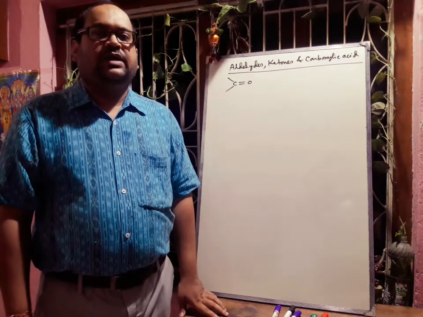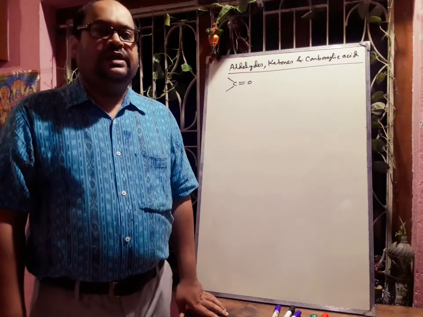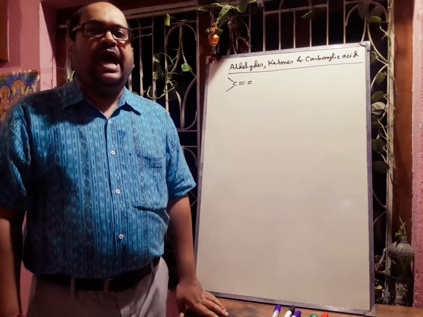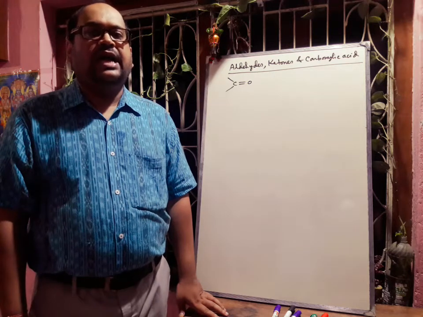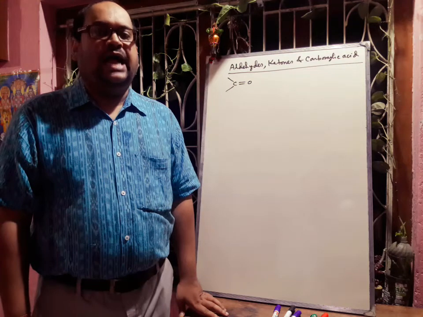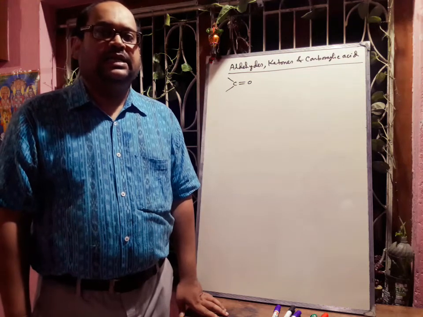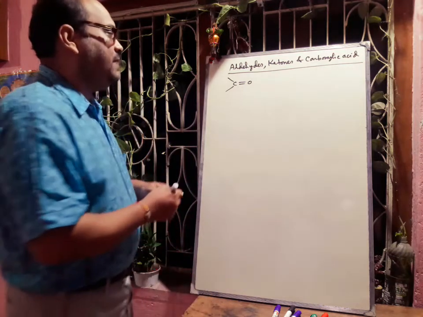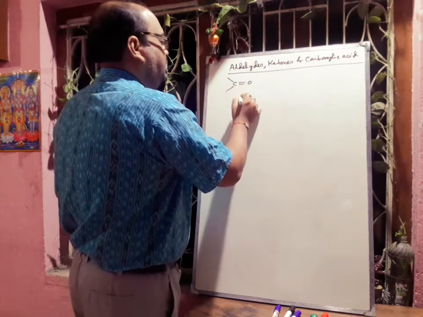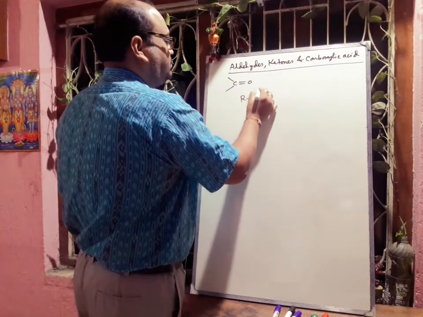The classes of organic compounds containing this carbonyl group as a functional group are aldehydes, ketones and carboxylic acids and their derivatives. These are collectively known as carbonyl compounds. In the case of aldehyde, we write RCHO.